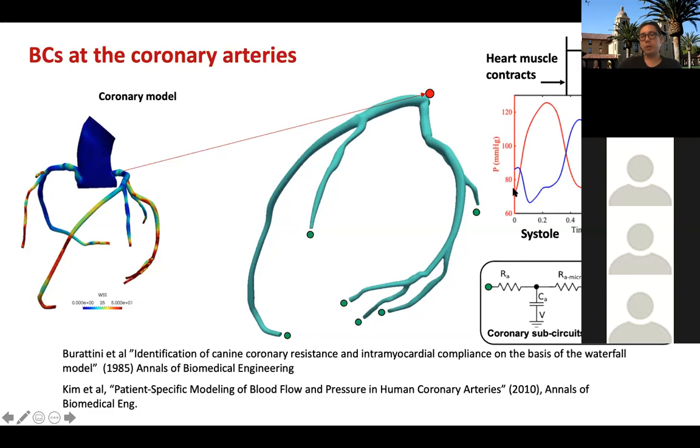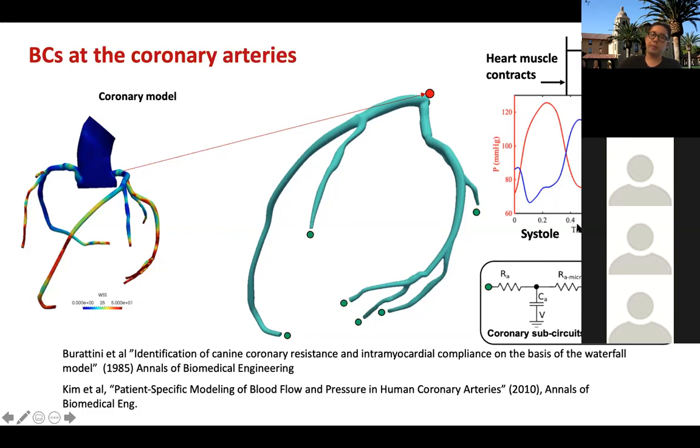Most arteries have a similar waveform as the pressure waveform, because the pressure waveform is the driving force to the flows in the blood vessels. But in coronary arteries, since the heart muscle contracts, flow is impeded. And as the heart muscle relaxes, the flow in the coronary artery actually has a peak. So almost like the starting phase of the diastole, the flow in the coronary artery has a peak.